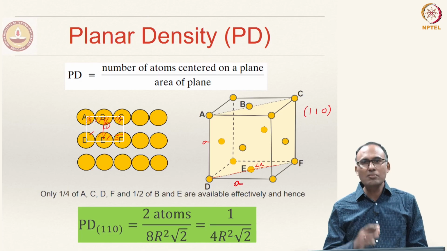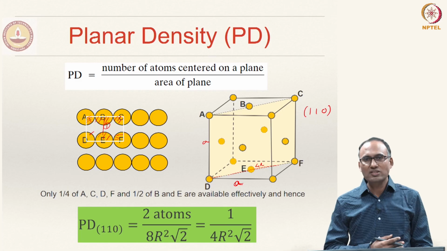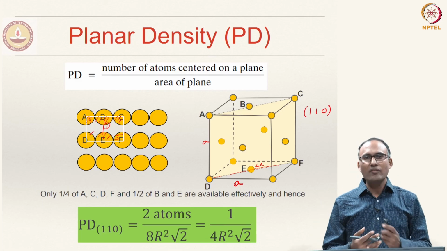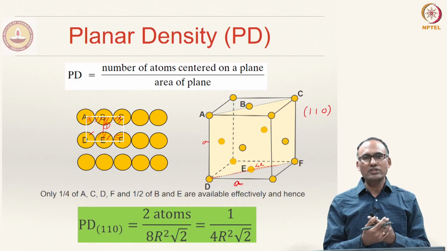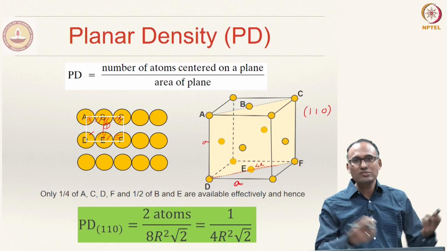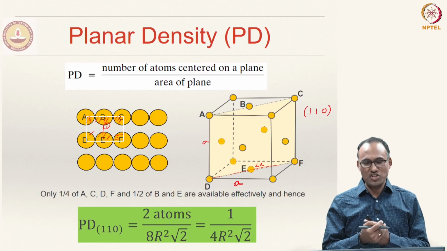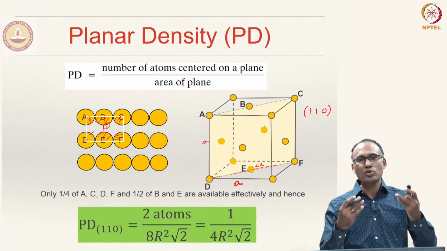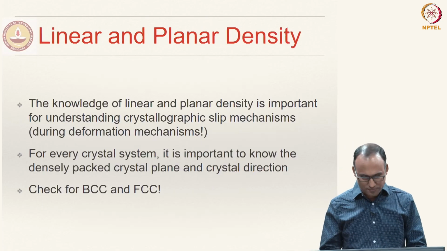Hence it is extremely important to know which planes in a given crystal structure or unit cell are most densely packed, that means having the highest planar density or lowest planar density. What is the direction in which you have maximum linear density? That is the most closely packed direction. So, you need to know the most closely packed planes and most closely packed directions in a crystal structure.